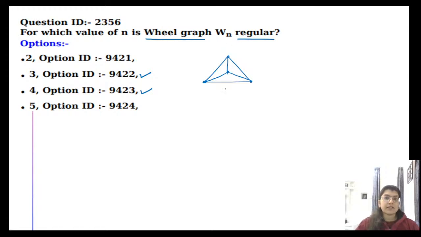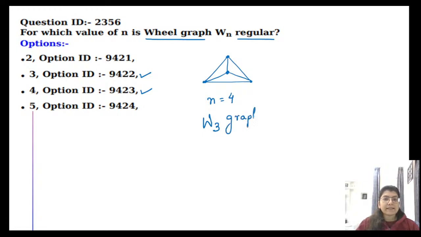What is the value of n over here? Can you tell me कि यहाँ पे n की value है 4. If we see like this, 1 2 3 4, right? But in most places, this is known as W3 wheel graph. W stands for wheel, so W3 graph.